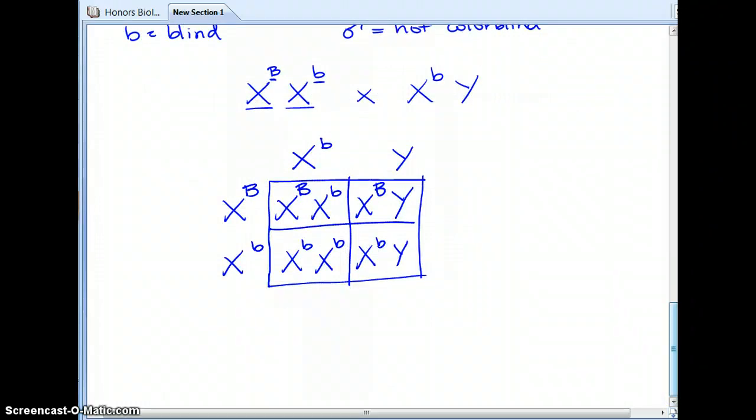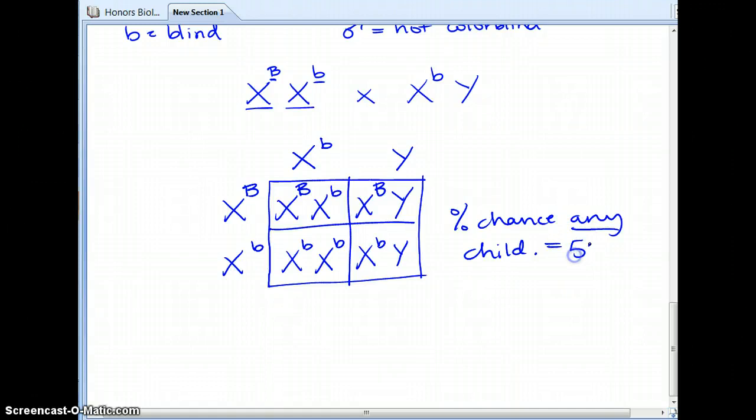Now, if I was going to ask you, what is the percent chance of any child being colorblind, you would say what percent? Any child. You would say 50%. Okay?